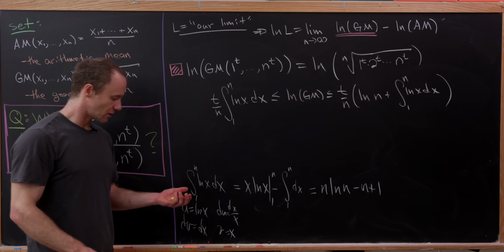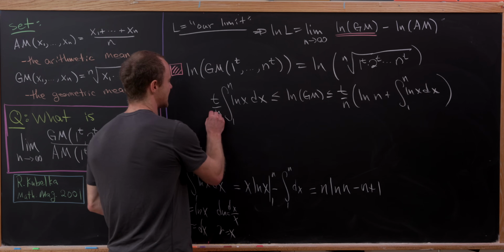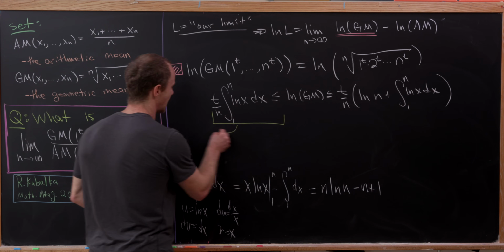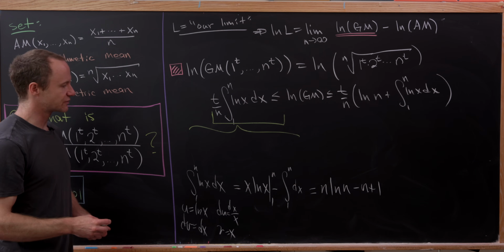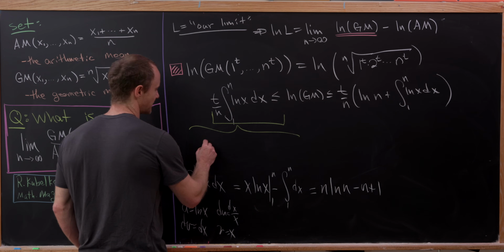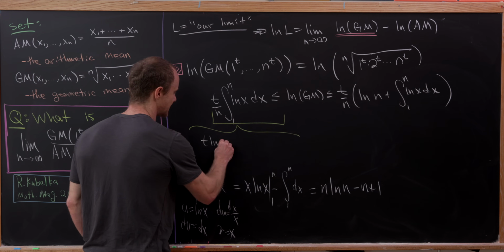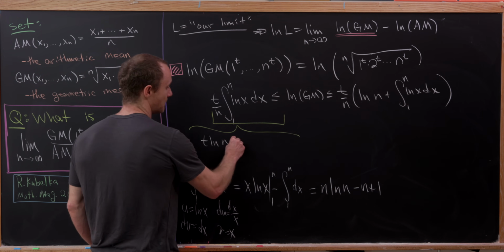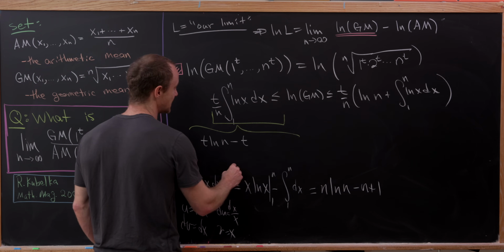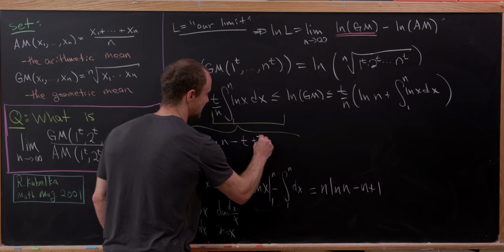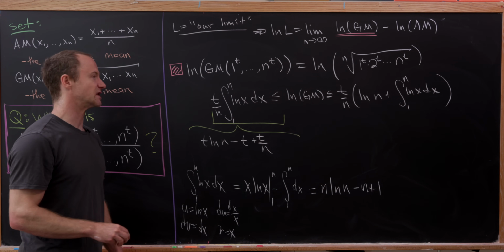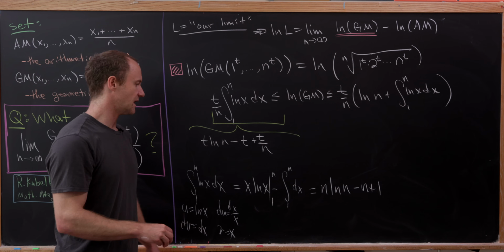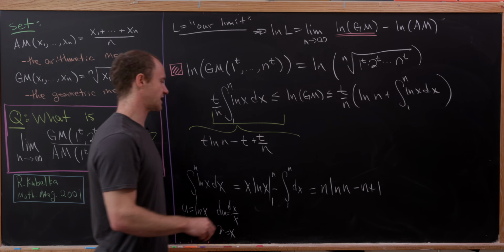Okay, so let's see. That means that we could take this term and replace the integral with what we have, and maybe move some things through if we'd like to, and we'll have something like t times the natural log of n minus t and then plus t over n. So that's what we have in the bounding below here. And then let's see what we have over here.